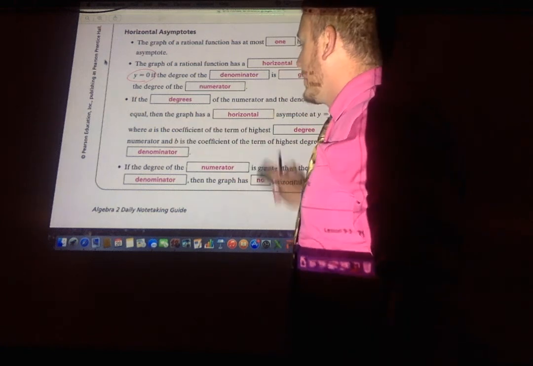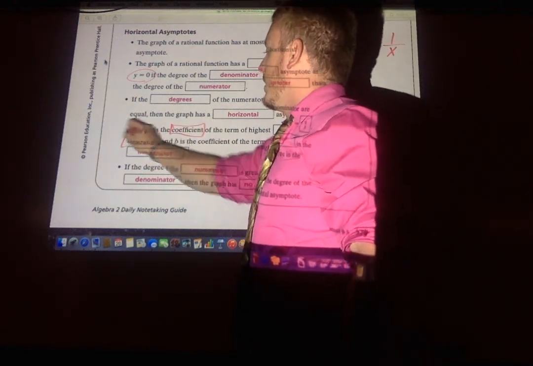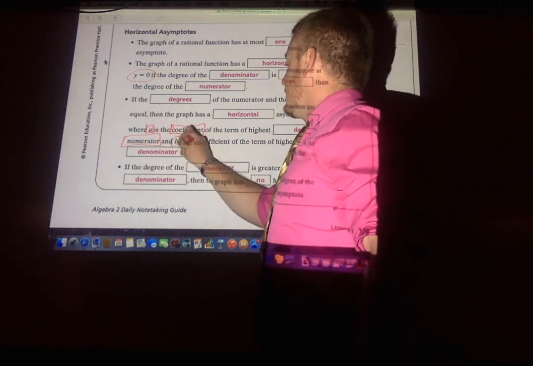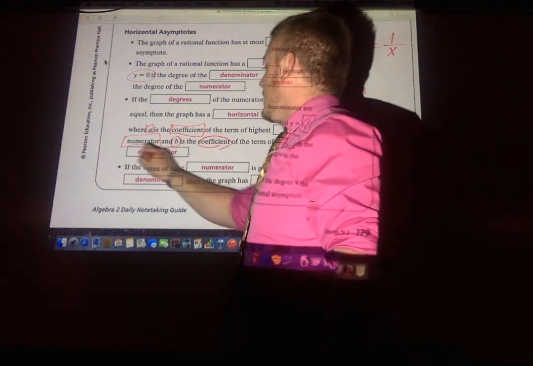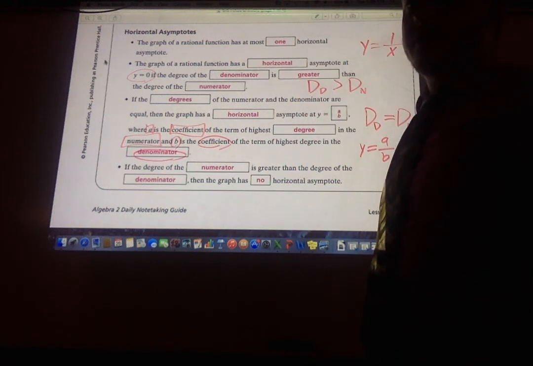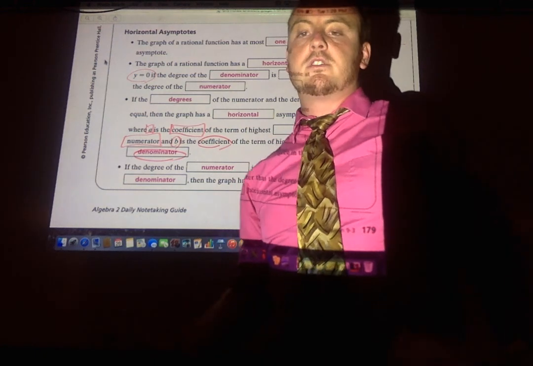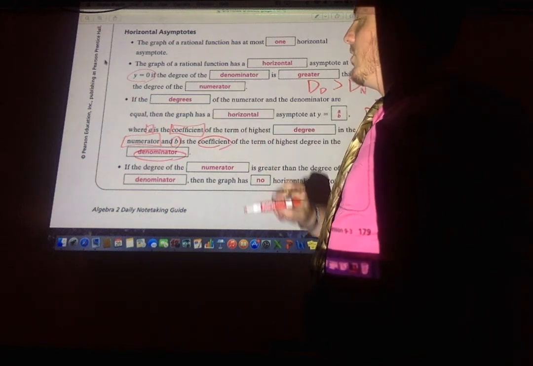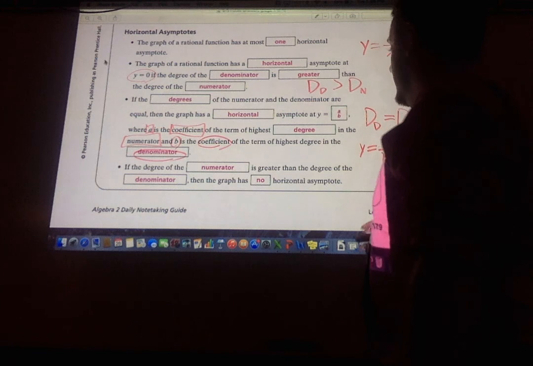Okay, so it's a coefficient from the numerator. B is the coefficient of the highest degree from the denominator. So in other words, your leading term. As long as we're in standard form, it should be our leading term. So our leading term coefficient in the numerator over the leading term coefficient in the denominator. All right, whatever that may be.